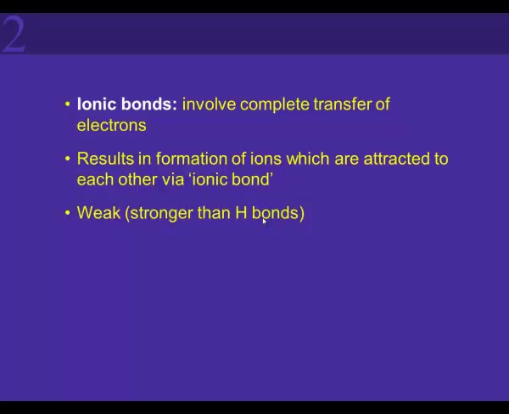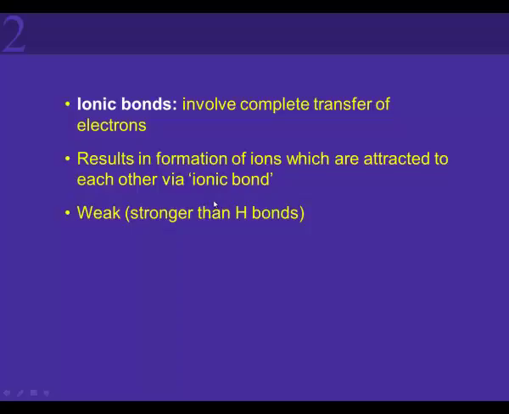In addition to the sharing of electrons, sometimes atoms form a chemical bond which is the result of a complete transfer of electrons. This is what's referred to as an ionic bond. These are not as strong as covalent bonds. I'm going to talk about the mechanism for these bonds in just a moment.